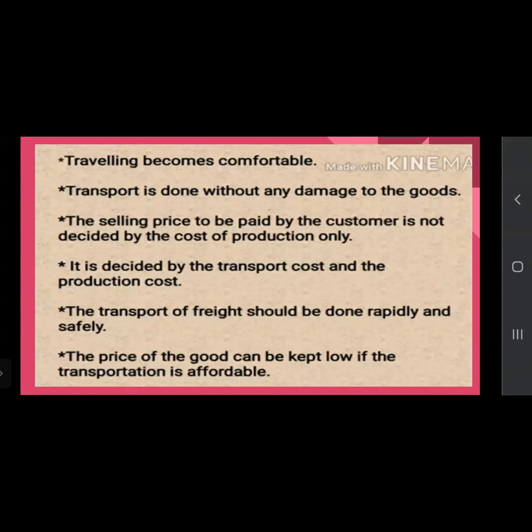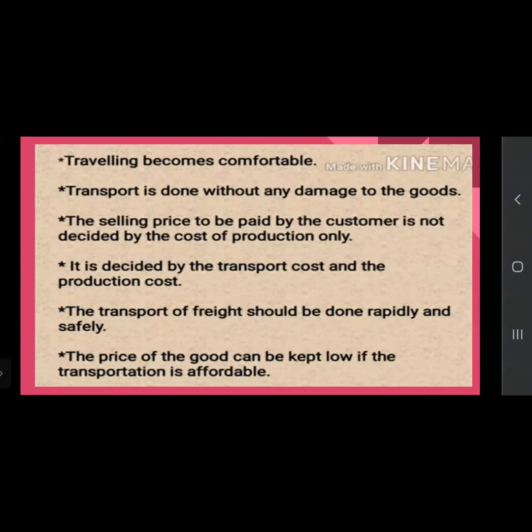Traveling becomes comfortable, and transportation is done without any damage to the goods. The selling price paid by the customer is not decided by the cost of production only. This is very important: it is decided by both the transport cost and the production cost.